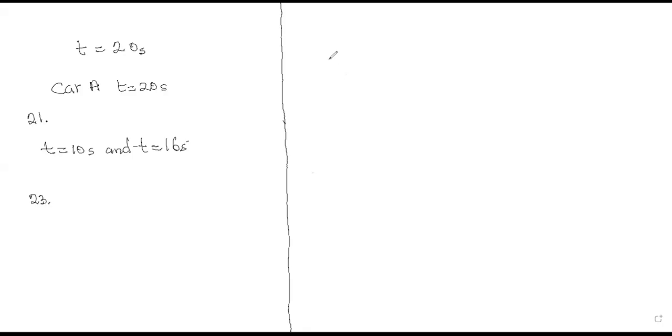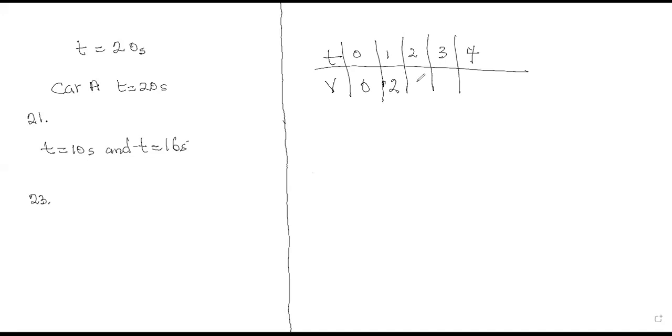So maybe from t values 0, 1, 2, 3, 4, the speed or velocity of the body is 0, maybe 2, 4, 6, 8, meaning the body is moving with equal speed within equal time intervals. So at every time, the speed is uniform or constant.